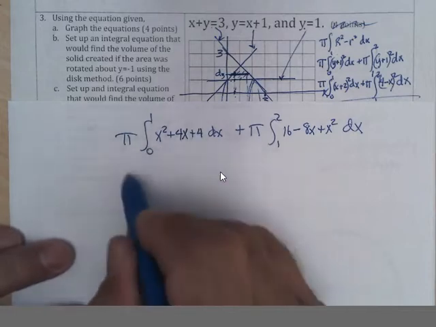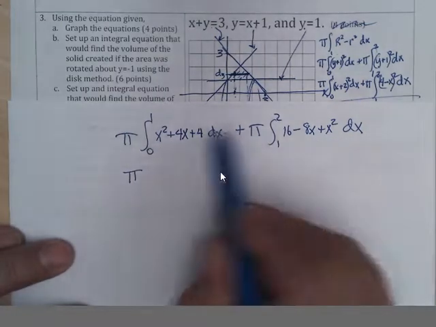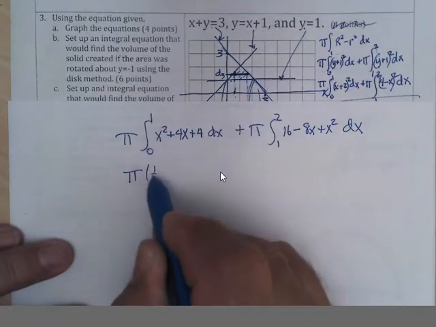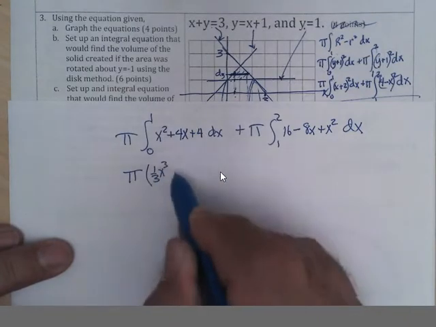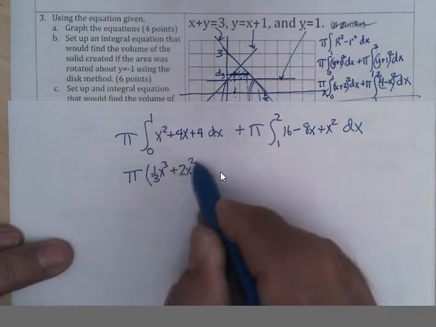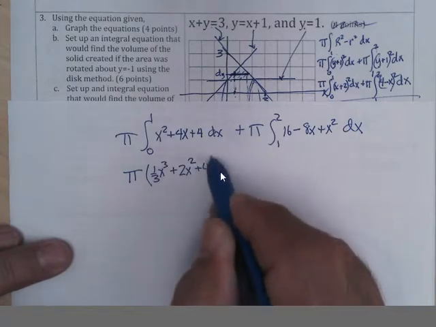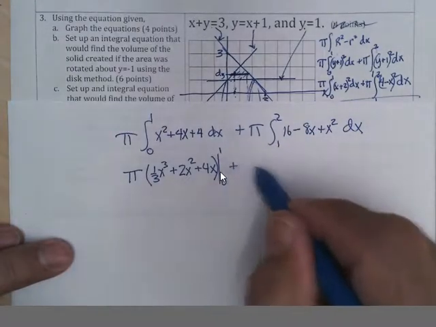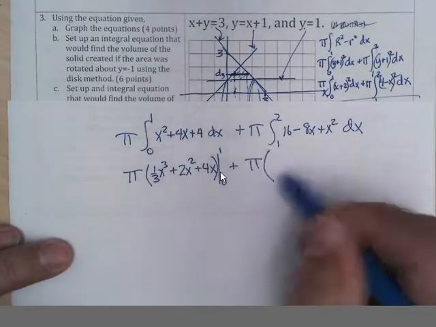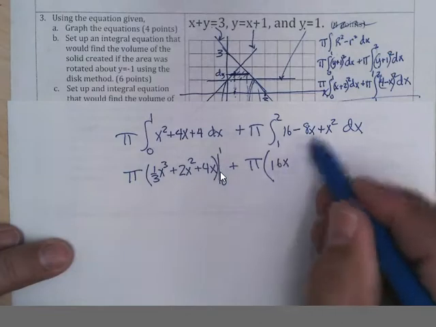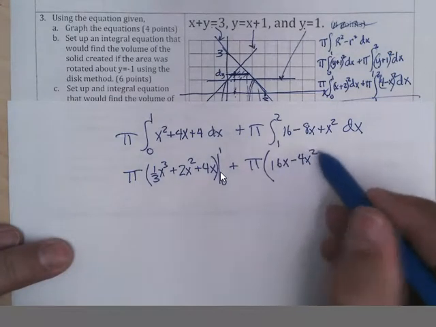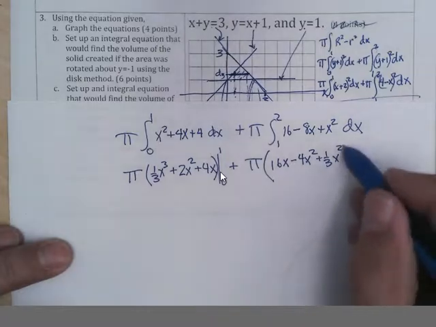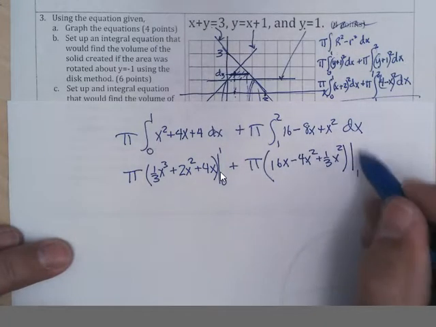Antiderivative. So we got pi. I can't combine these two because they've got different limits. Antiderivative of that is 1/3 x to the 3 plus 2x squared plus 4x, evaluated from 0 to 1, plus pi times 16x minus 4x squared plus 1/3 x cubed, evaluated from 1 to 2.